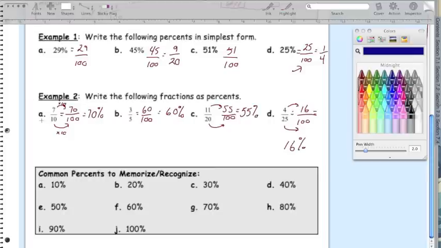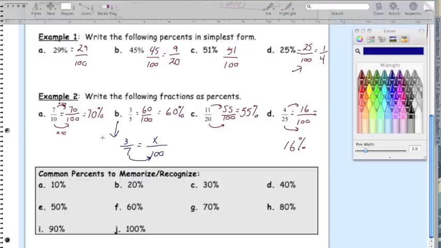Now, in all of these cases, they were pretty easy. We could just use mental math to figure out what they were. Let's say instead of 3/5, it was 3/7. Well, if we want to turn that into a percentage, there's nothing we can multiply 7 by evenly to get 100. So in this case, we would have to go back and make a proportion, and we're pretty confident with our proportion solving skills.